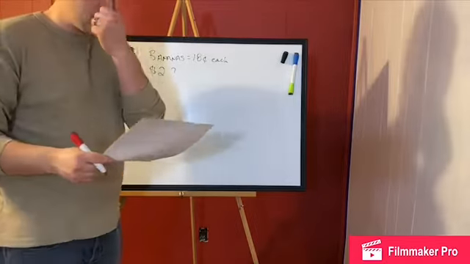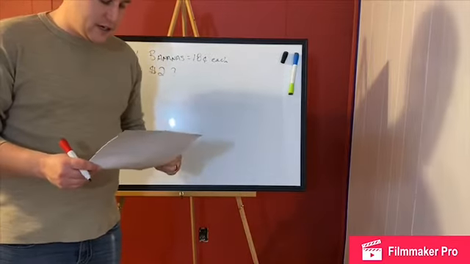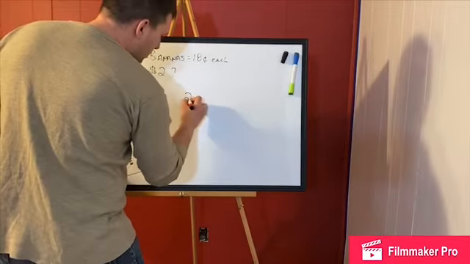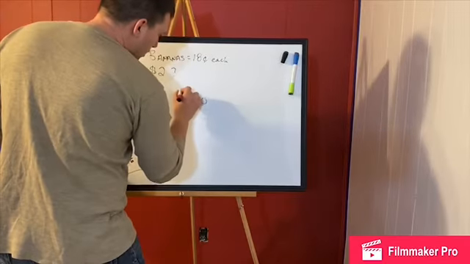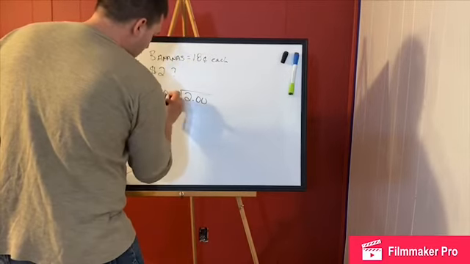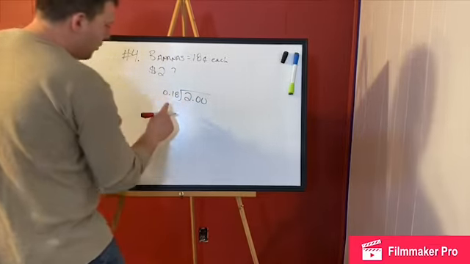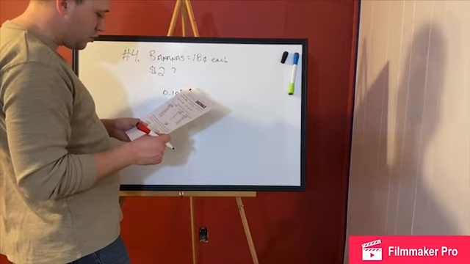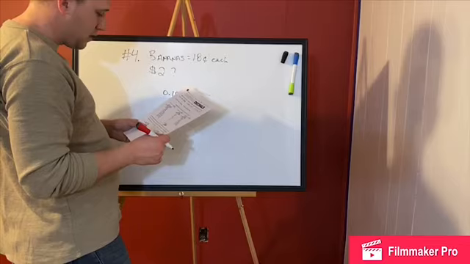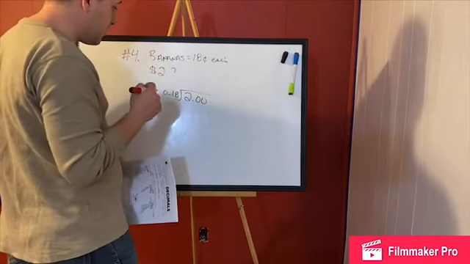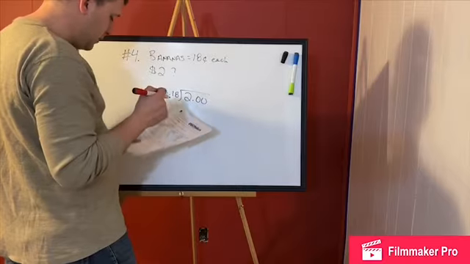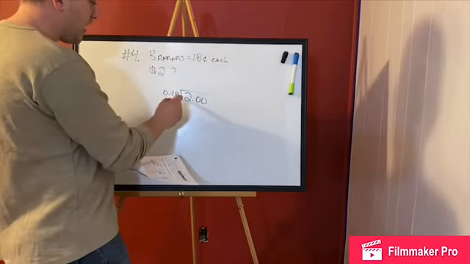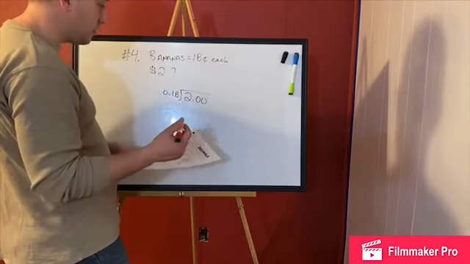We are going to divide it out in decimal format. So $2 in decimal format will look like this, divided by 0.18, which is how we would write 18 cents in decimal format. We're trying to figure out how many times 18 cents will go into $2.